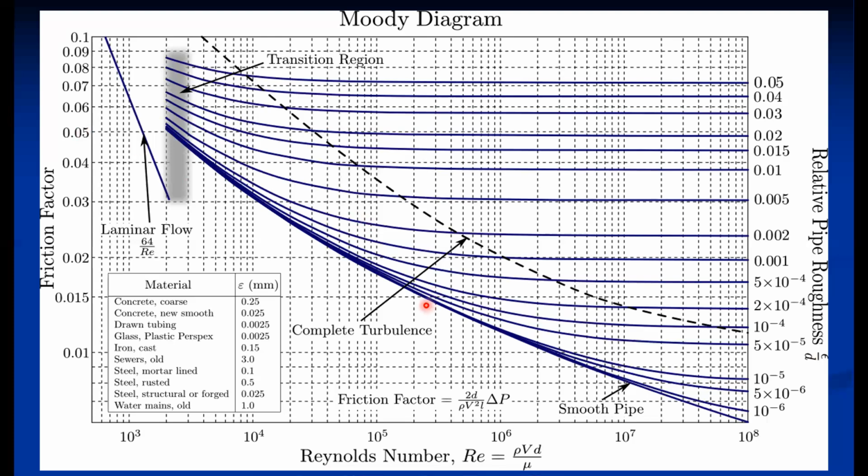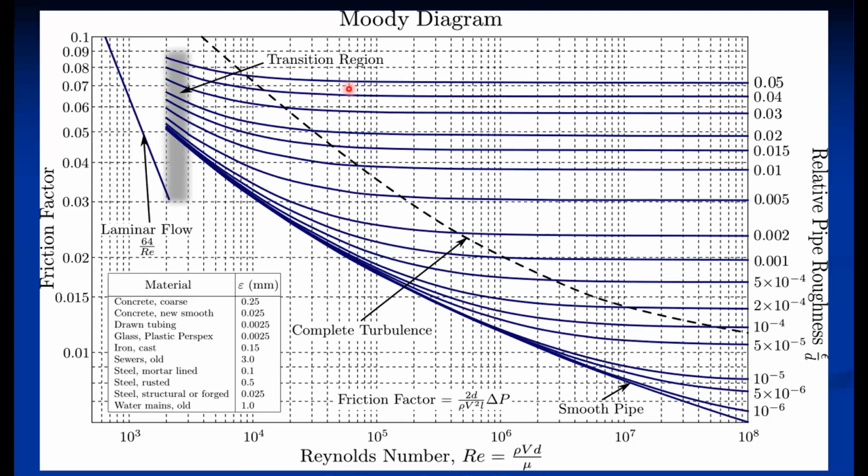So in order to get the value of friction factor, we need this information, that is roughness of the pipe, diameter of the pipe, and velocity, and other flow parameters like density and viscosity. If we know these parameters, we can locate this on the chart and we get the value of friction factor.